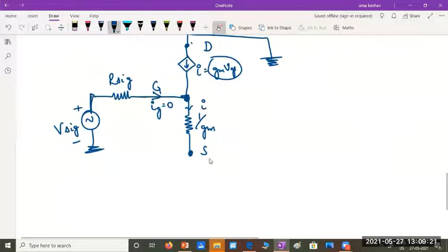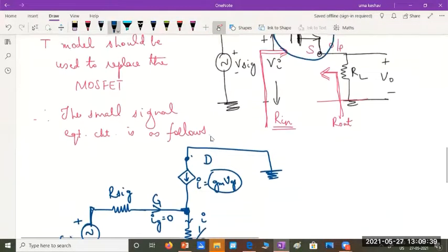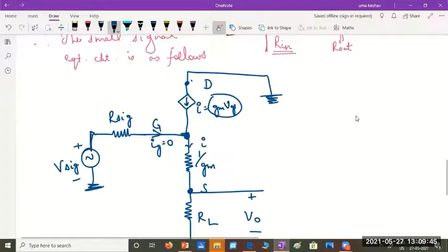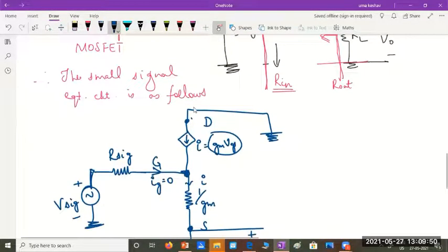Therefore, here let me connect a resistance RL between source and the ground. And the output voltage is measured across this resistance, between source and ground. So this is the small signal equivalent of the common drain amplifier.